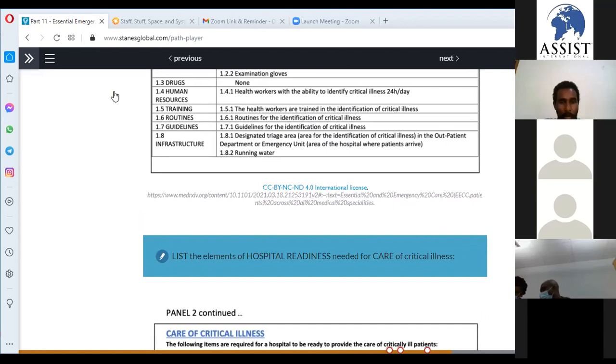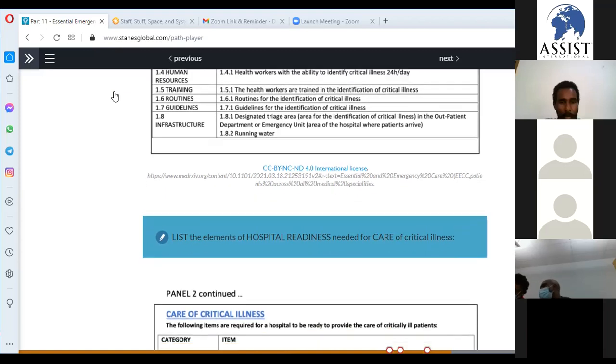And these human resources should be supported by what? Training, education, and developing guidelines and protocols in the hospitals is important for timely intervention for this patient. Other is the infrastructure. You need to have a designated triage area.